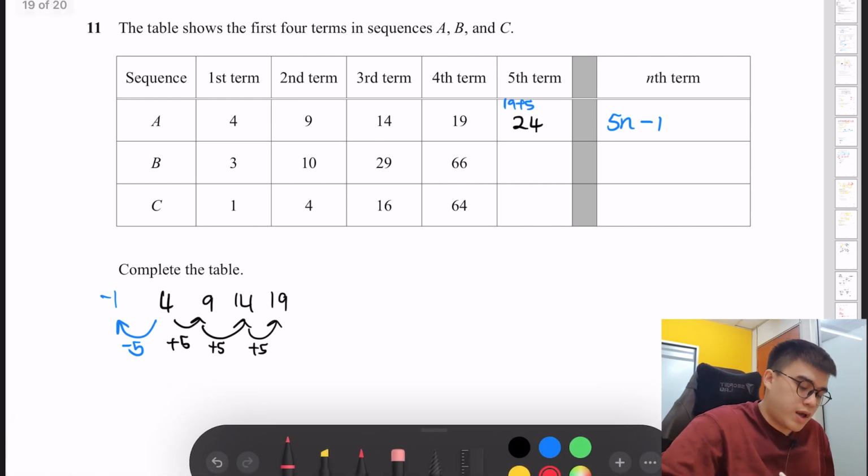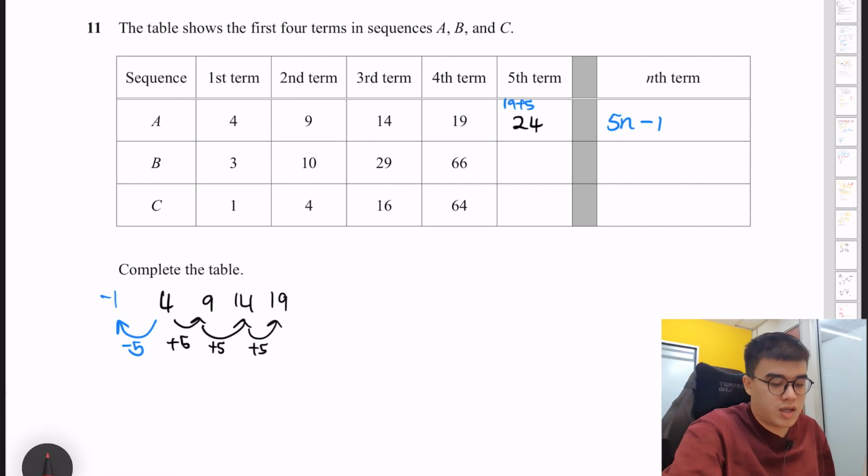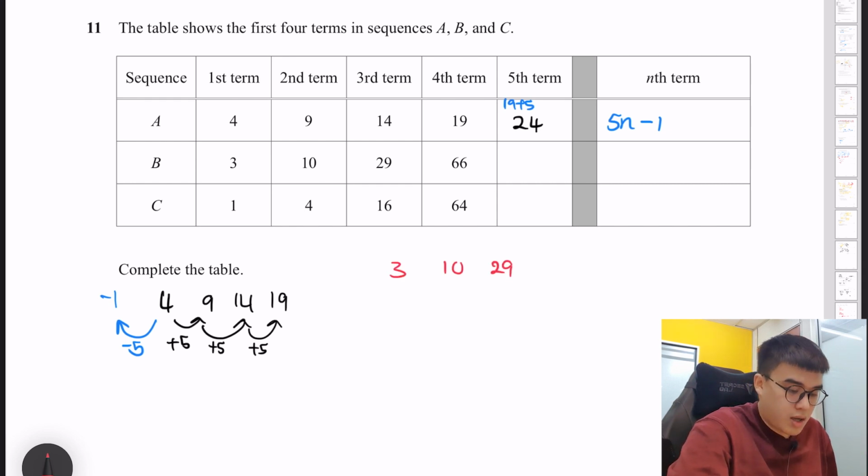Moving on, we have 3, 10, 29, 66. Okay, the difference is quite weird.